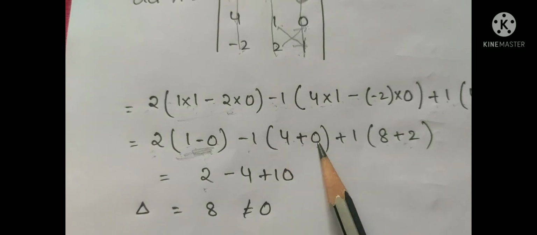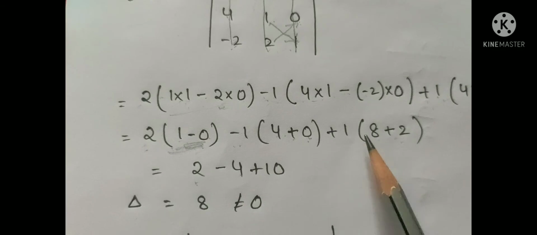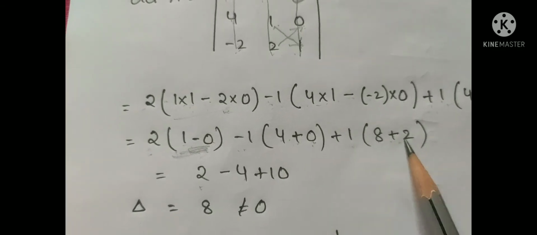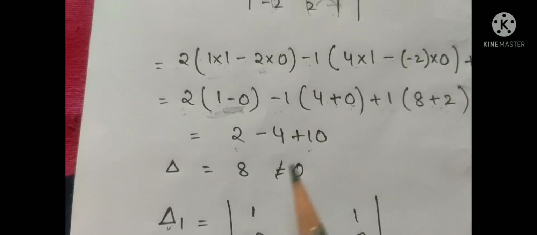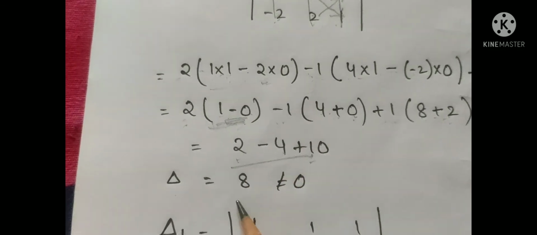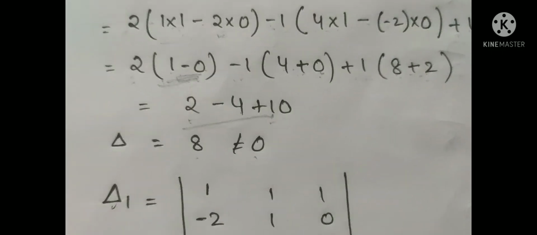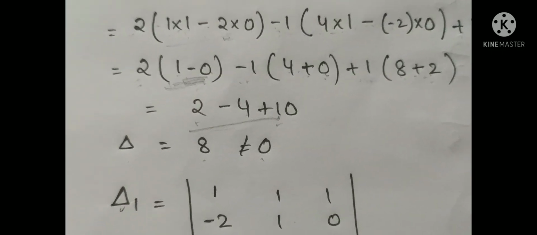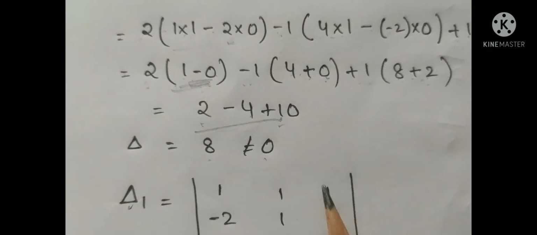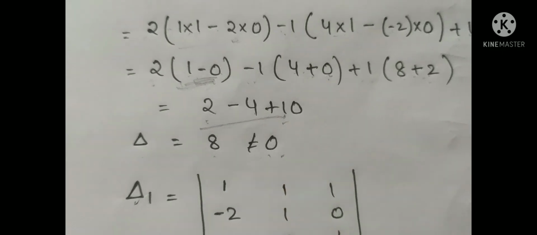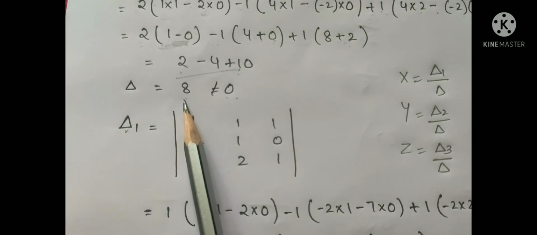Next, 4 plus 0 is 4, minus 1 into 4 is minus 4, plus 1. 8 plus 2 is 10, 10 into 1 is 10. After simplification we get 8, which is not equal to 0. Then we can proceed further. If the determinant is equal to 0, then we can't do that problem. So here the determinant is not equal to 0. We got delta equals 8.